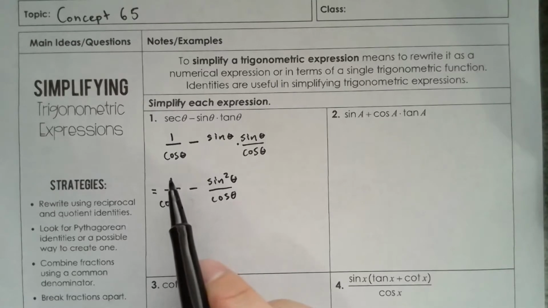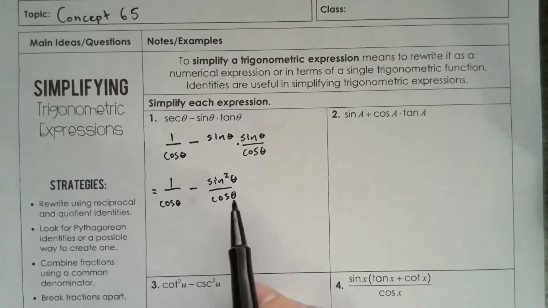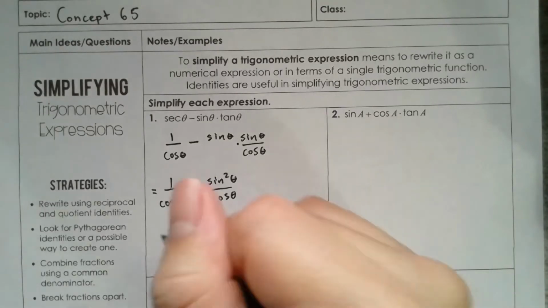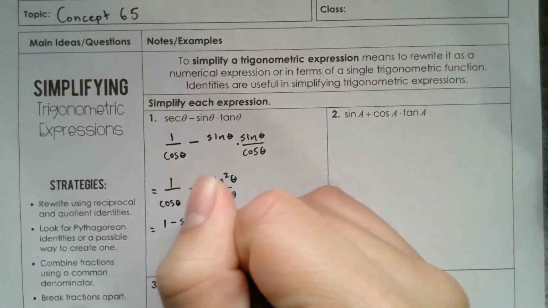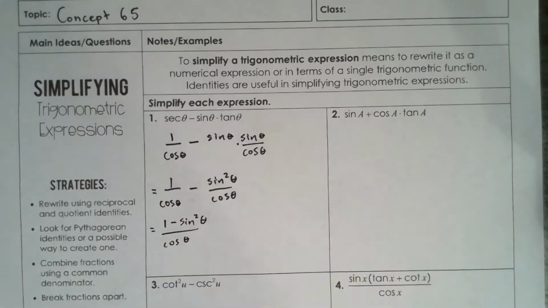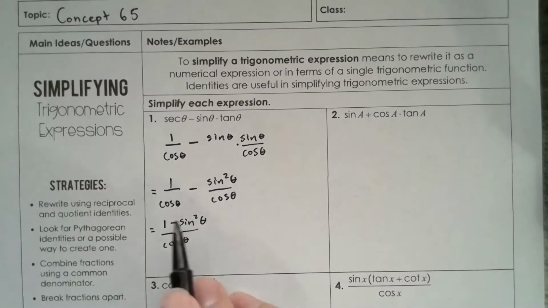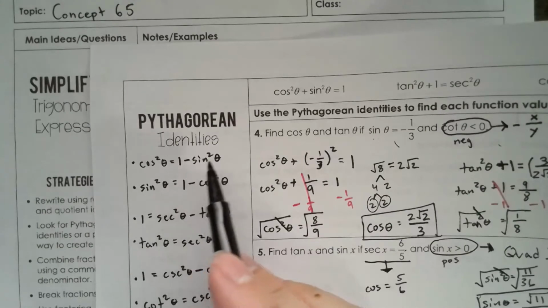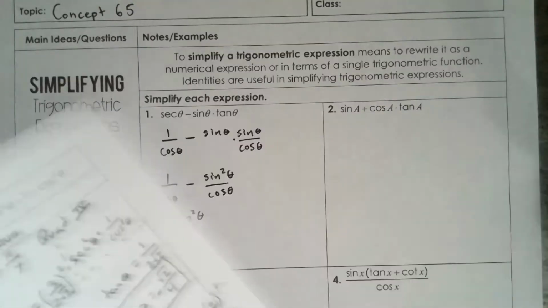I have a fraction minus a fraction. I have common denominators, so that means I can make this into one fraction: 1 minus sine squared theta over cosine theta. 1 minus sine squared theta, this is an identity. In the previous lesson, it's right here. 1 minus sine squared theta is cosine squared theta.